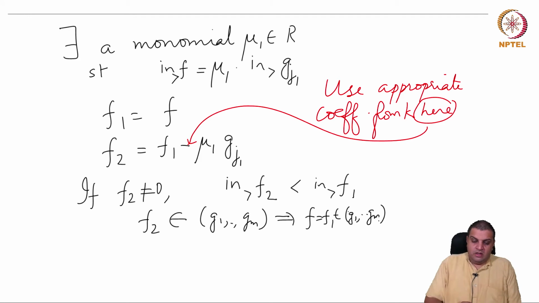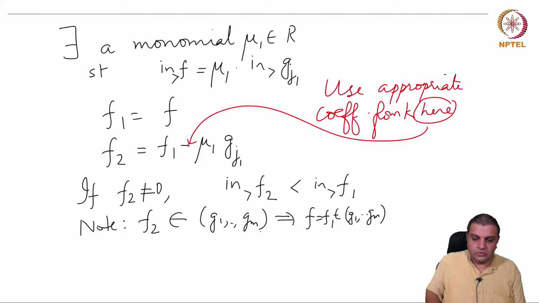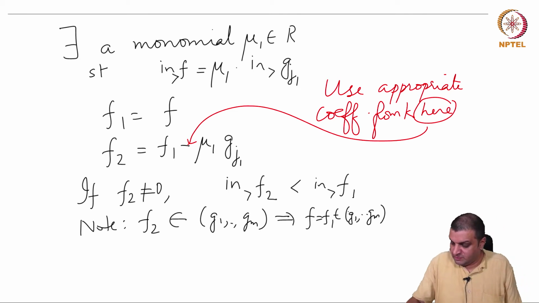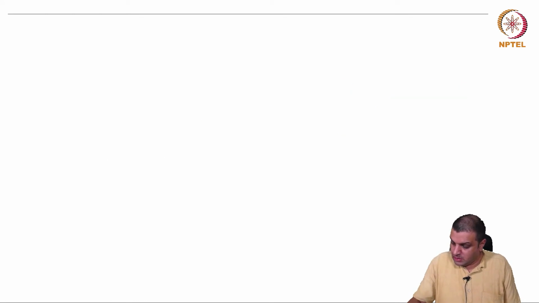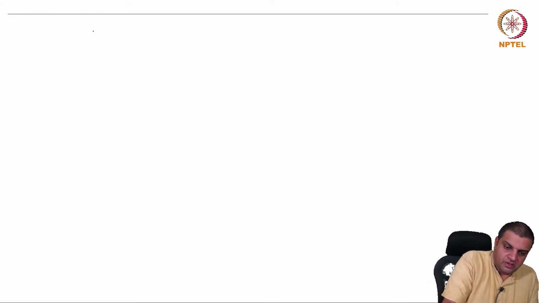So it is enough to prove that F2 is inside the ideal generated by the G's. Otherwise, just continue.